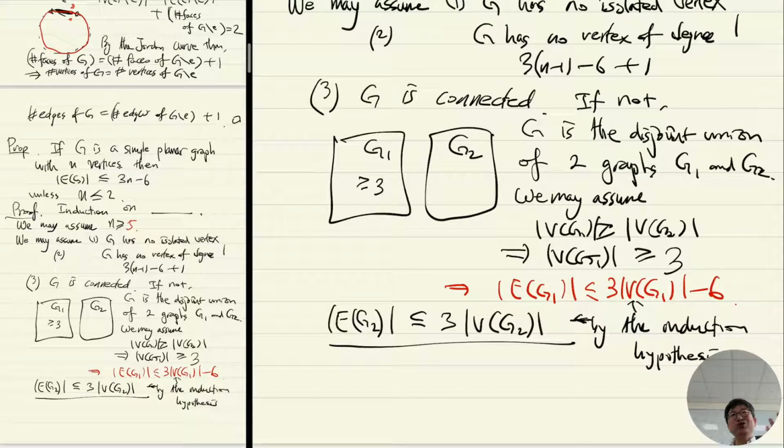Because if G2 has at least 3 vertices, then this is trivial by the induction hypothesis. If G2 has 1 or 2 vertices only, then this is again true, because if you have 1 vertex, 3 times 1 is bigger than 0. If 2 vertices, then 3 times 2 is 6, which is still bigger. So this is fine. I mean, it's not tight, but it's fine. Now add them together.